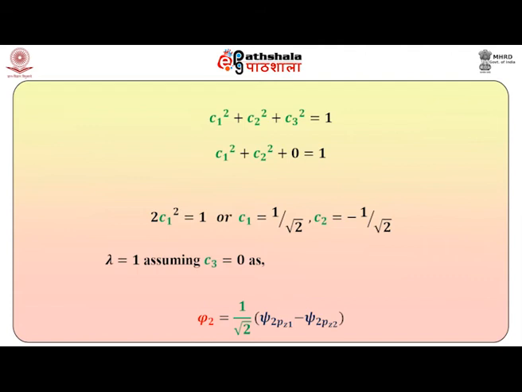And therefore, using these two sets of equations, one can calculate the corresponding values of C1 and C2 when C3 is equal to 0. These two values come out to be C1 is equal to 1 upon under root 2 and C2 is equal to minus 1 upon under root 2.